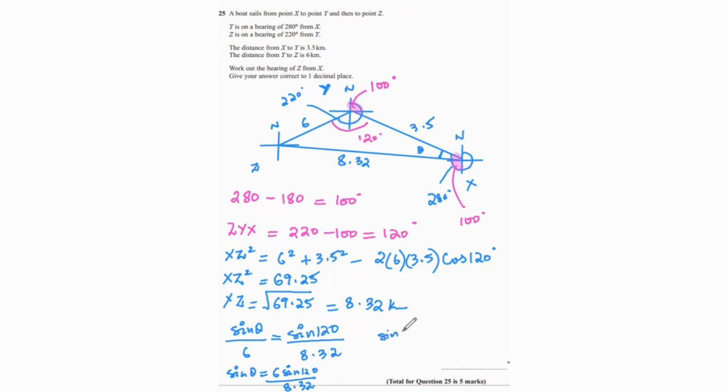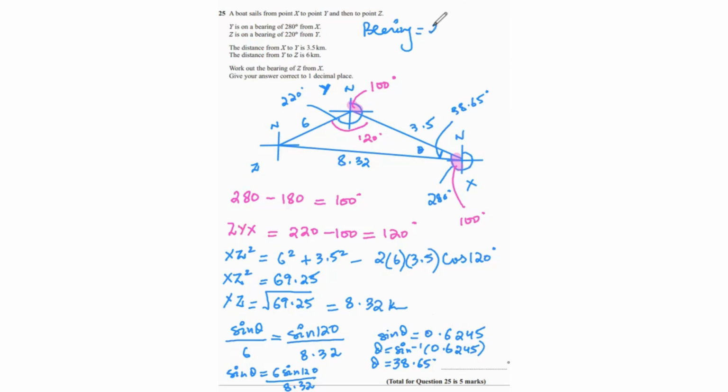So sine theta is equal to 0.6245. Take sine inverse of that. Clearly, I've used all the space for my diagram. So sine inverse of 0.6245, and that's 38.65. Okay, so this angle is 38.65 degrees.